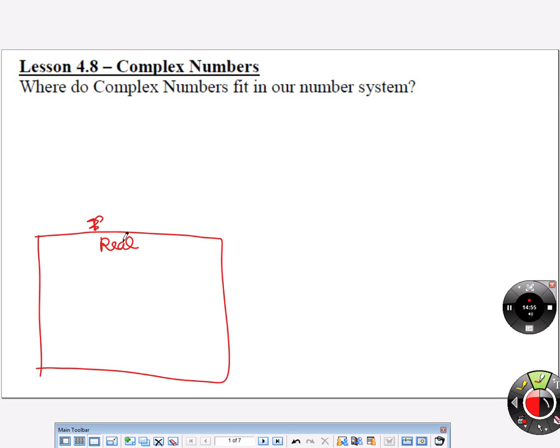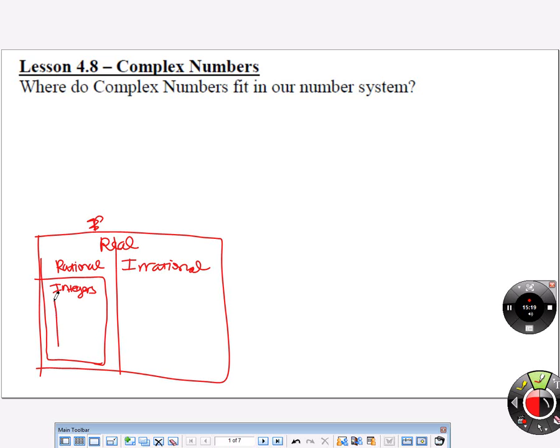And then within those real numbers, there are two categories. So it's basically split down the middle into either rational or irrational numbers. And then we have lots of subsets that we like to label within the rational numbers. So if you're rational, you could also have a subset within there that's the integers.